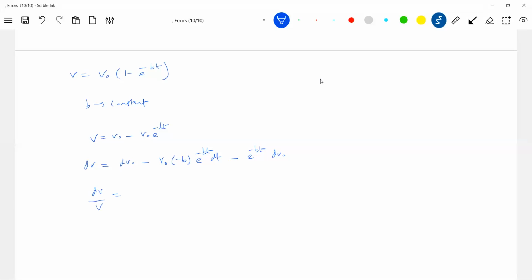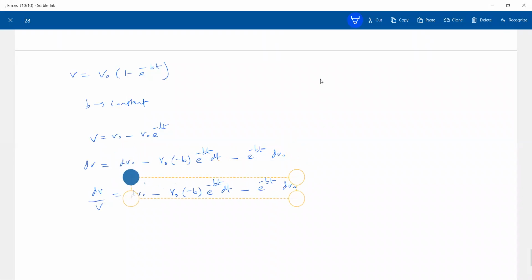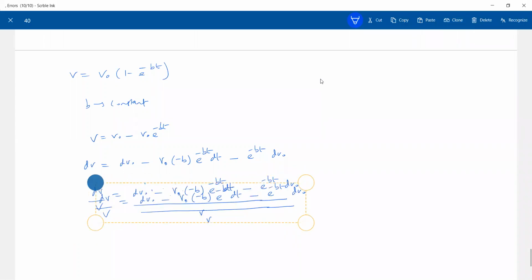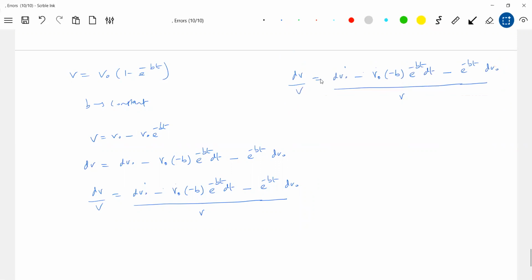I'll divide by v on both sides. So dv by v, the random error, is equal to, okay, let's go for the next step here: dv naught by v naught.